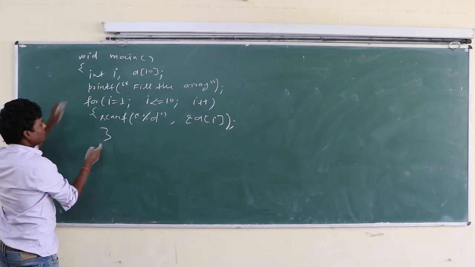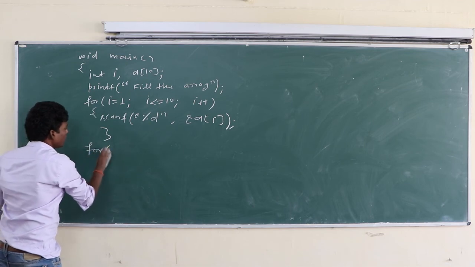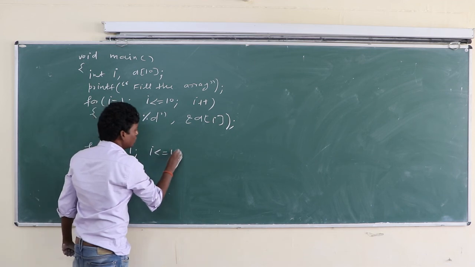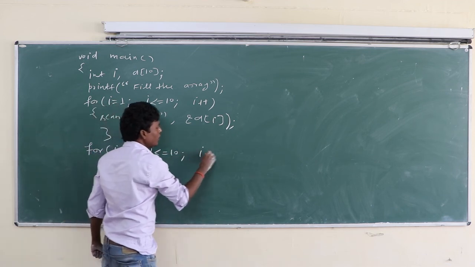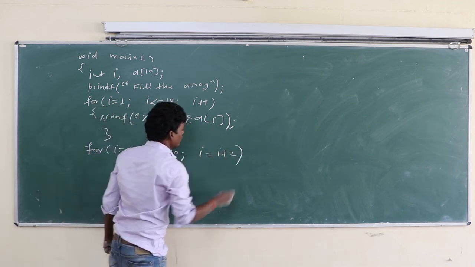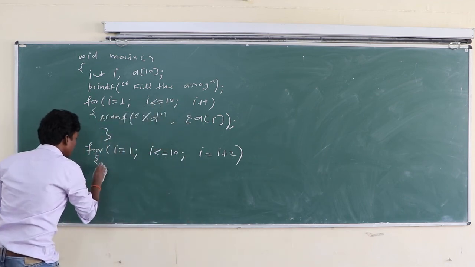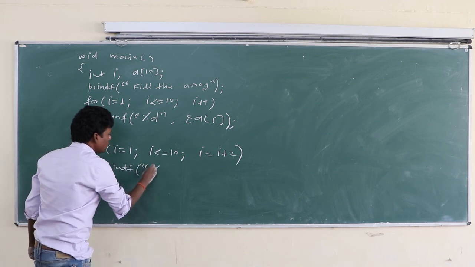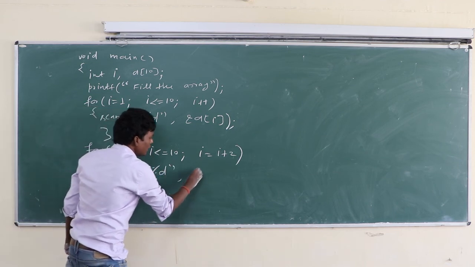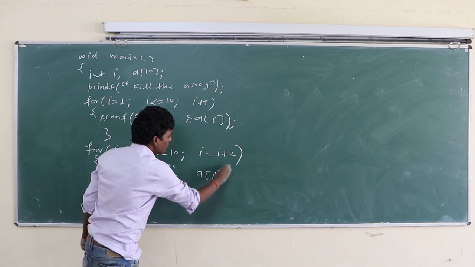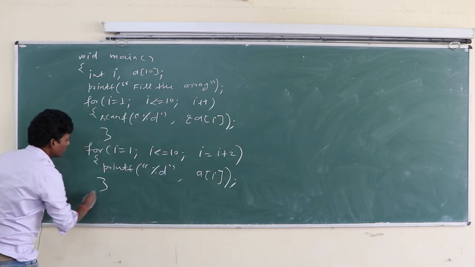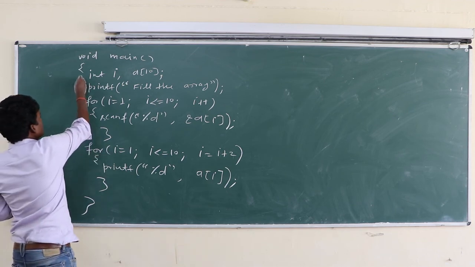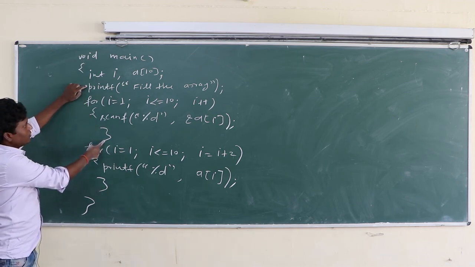Then for i equal to 1, i is less than or equal to 10, i equal to i plus 2, printf %d a of i. Here main is closed.